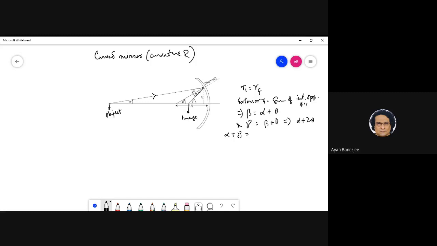Remember my Rf dash is essentially tan gamma, and your Ri dash is tan alpha, right? So somehow I have to get that gamma thing here. So anyway, alpha plus gamma is like 2 beta.